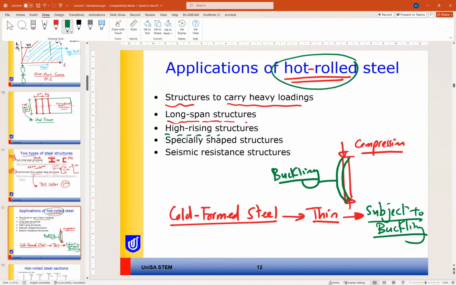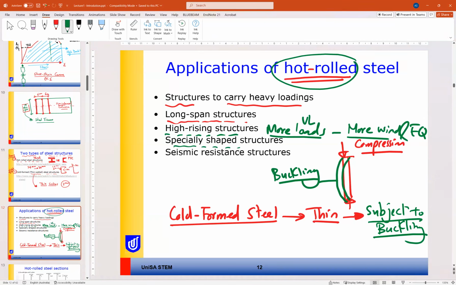In high rise buildings, we have so many stories, so more loads. So we need to resist more wind and earthquake loads as well. So more vertical loads and more lateral loads. So we need hot rolled steel sections.